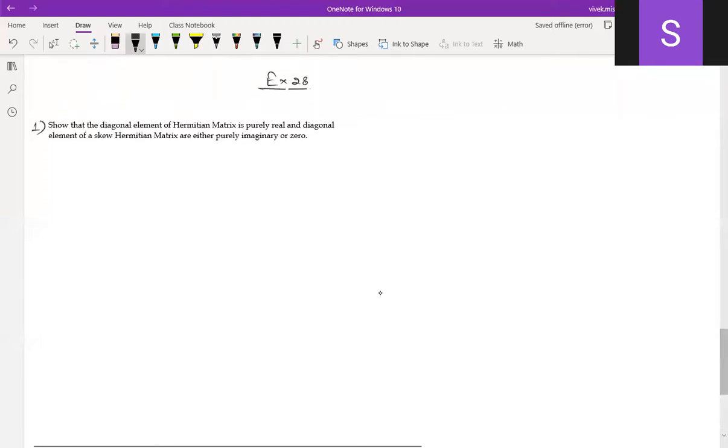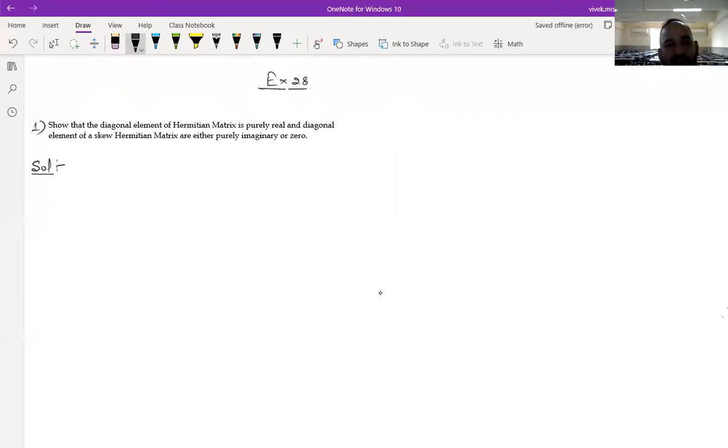अच्छा. Let's come to the solution of it. They are saying show that the diagonal element of a Hermitian matrix is purely real. Diagonal element of skew Hermitian matrix are either purely imaginary or zero. ठीक है?